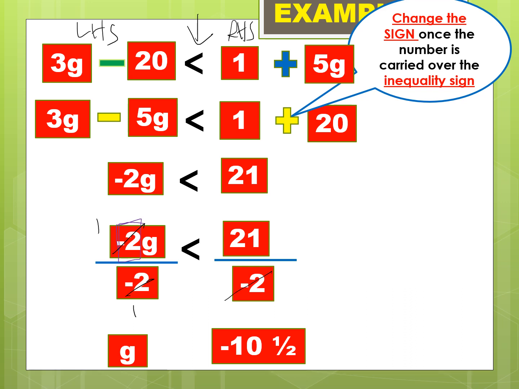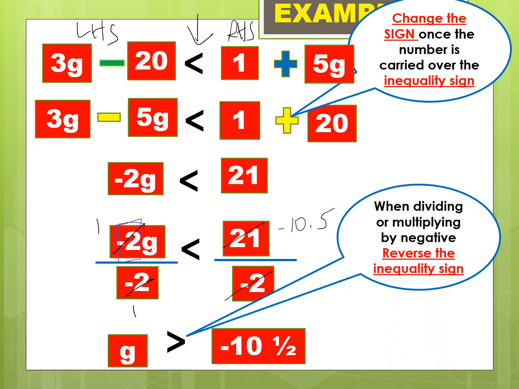So negative 2 into 21, we're going to get a decimal. So we're going to get negative 10.5. Again, remember the rule is when you divide both sides of the inequality by a negative, you're going to have to reverse the inequality sign. So before it was less than, now it's going to be greater than.